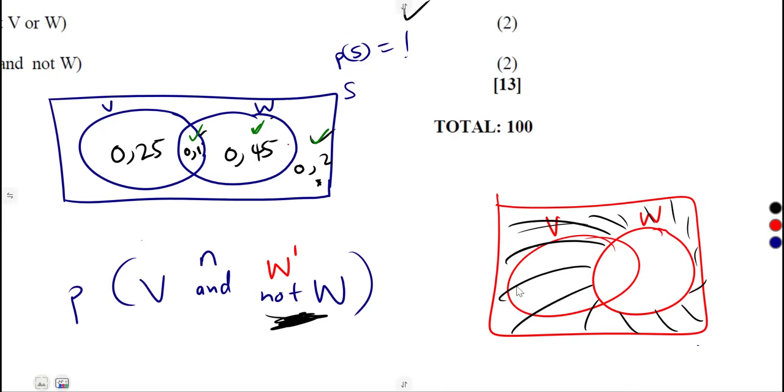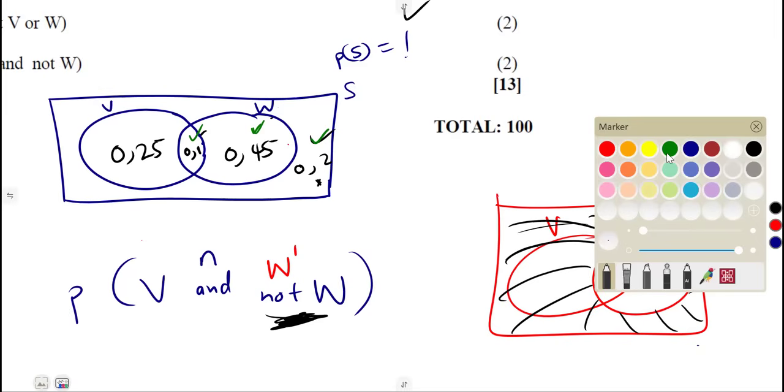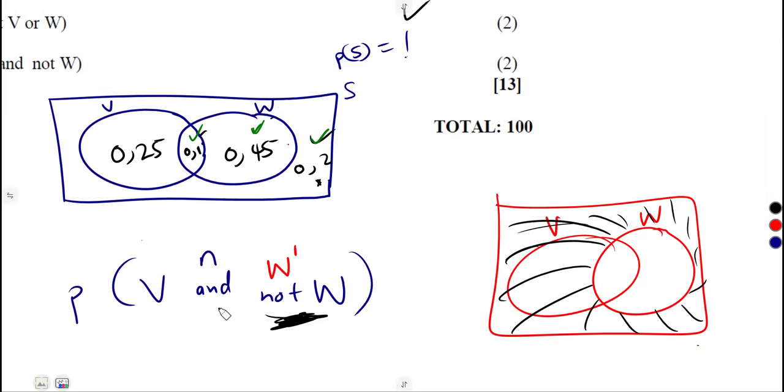But they're saying what is not in W? Intersection now, that is 'and'. V intersection not W. This is our V, the whole of this part that I'm shading.